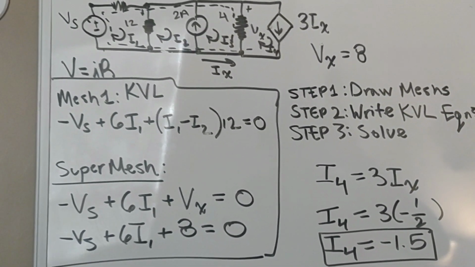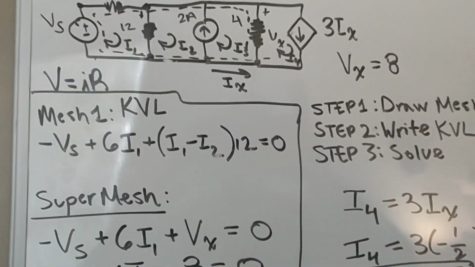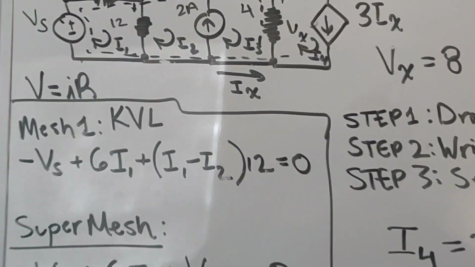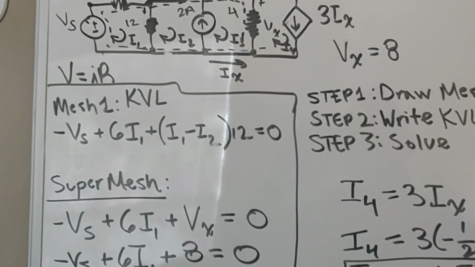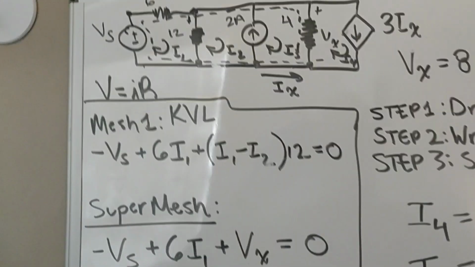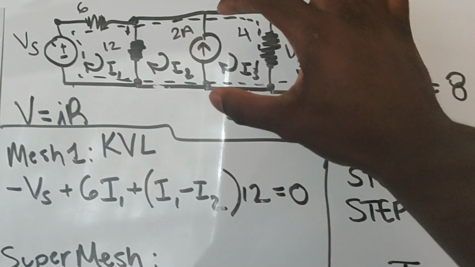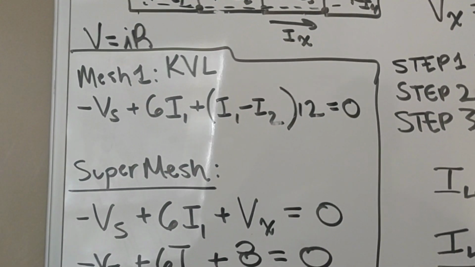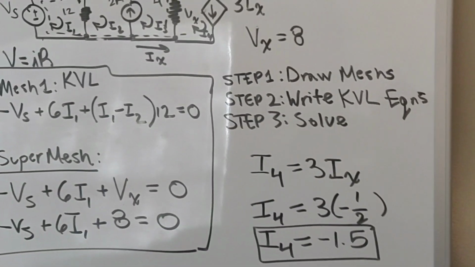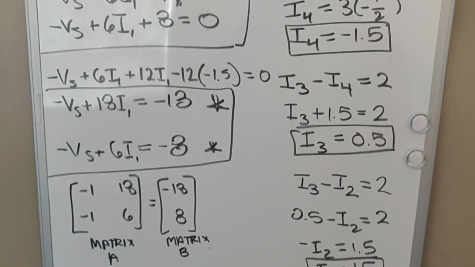So just a quick overview on what we did. We used some KVL to create equations for our meshes. We also used the concept of a super mesh because we don't know the voltage in this branch, right? So we used the concept of a super mesh, and we used obviously some algebra.